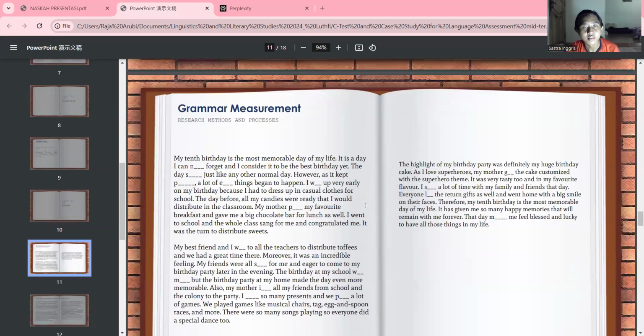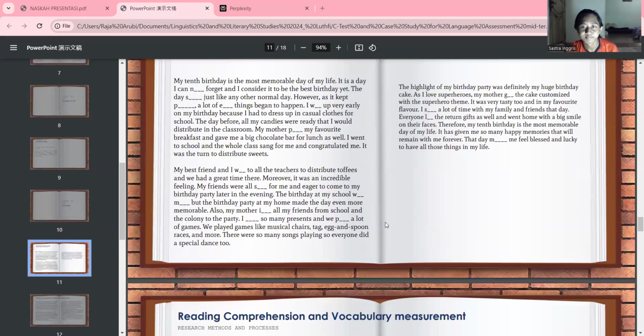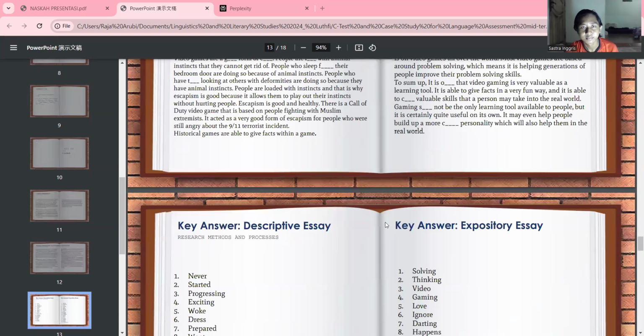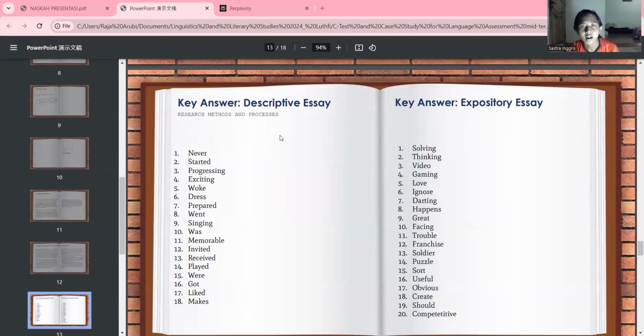Meanwhile, the first text, the descriptive essay, is focused on the author's experience and gives an atmosphere of why the author is happy and excited about his or her birthday. So here are the answers for each text.